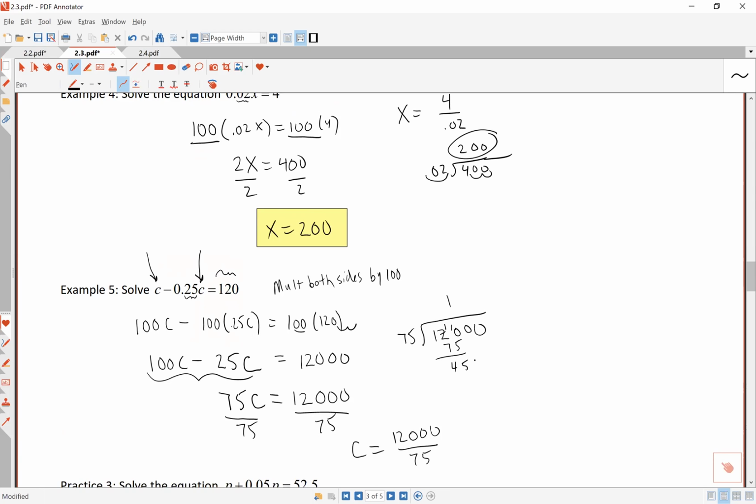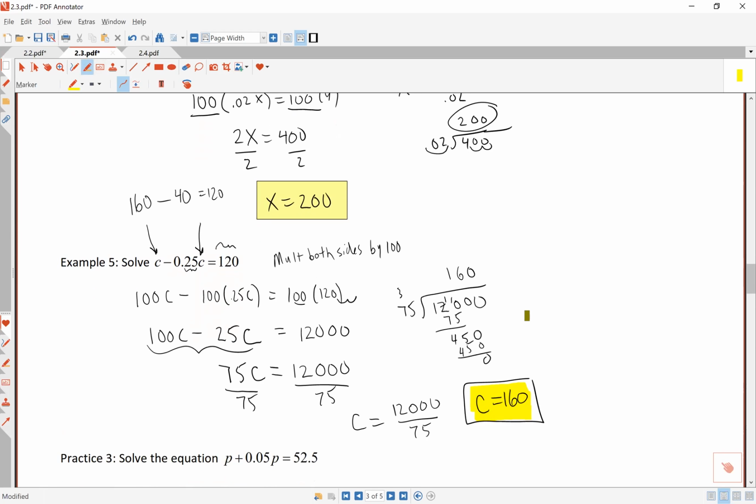The remainder is 45, and 75 goes into 450 6 times, and so we get 160. And so as we'll see later, this stands for $160 that was reduced by 25% of 160, which is $40, equals $120. So the original cost would have been $160.